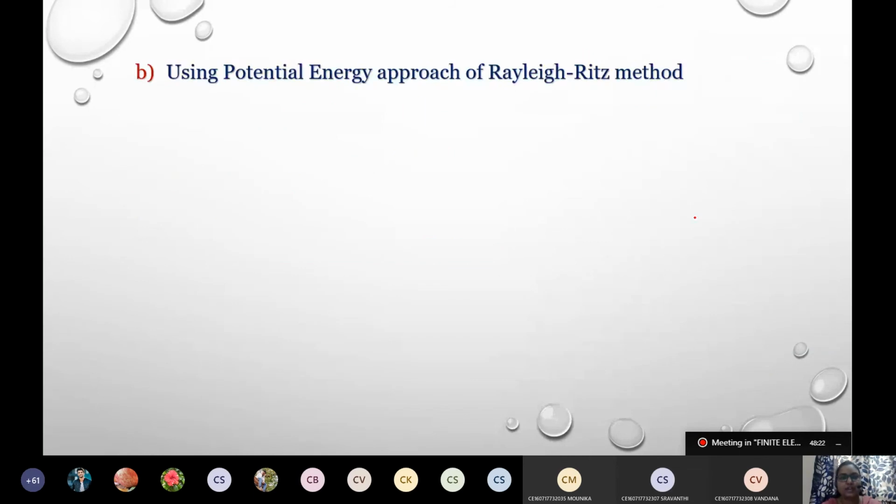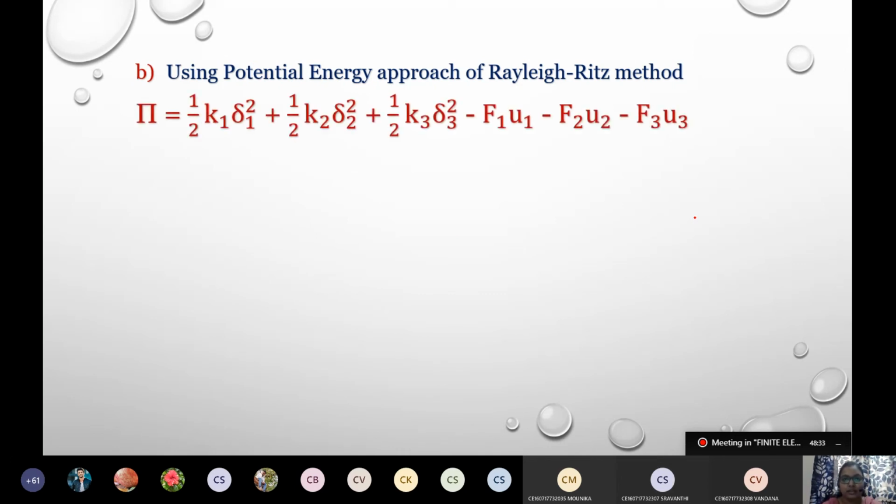All right. So we'll start with using potential energy approach of Rayleigh-Ritz method, how this problem can be solved. So this is the potential energy equation we can get. We have 3 springs. So the strain energy in 3 springs is half K1 delta 1 square plus half K2 delta 2 square plus half K3 delta 3 square.